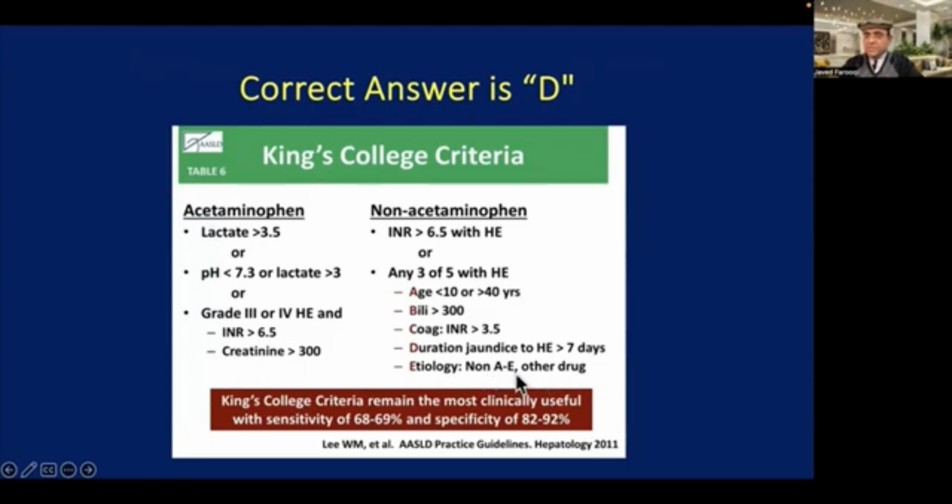So in this patient, the PT INR went high, duration was more than 7 days of HE, and etiology was acute hepatitis B, and of course encephalopathy was there. So she fulfilled the criteria for the liver transplant. Remember, the King's College criteria remain the most clinically useful, with sensitivity of 68 to 69% and specificity of 82 to 92%.